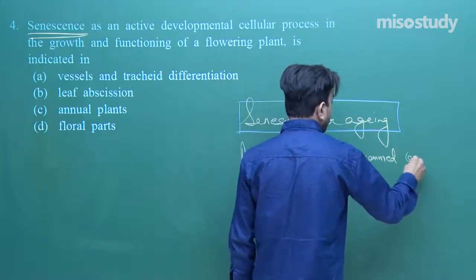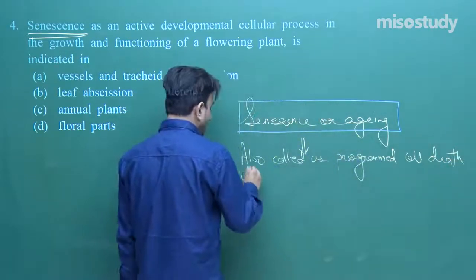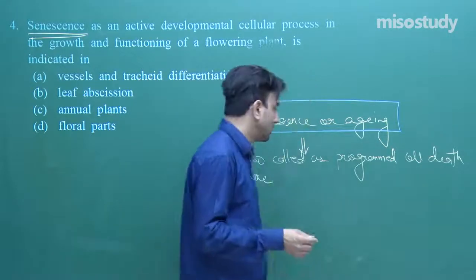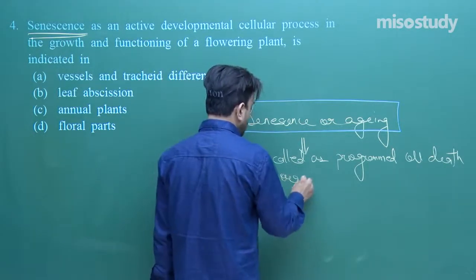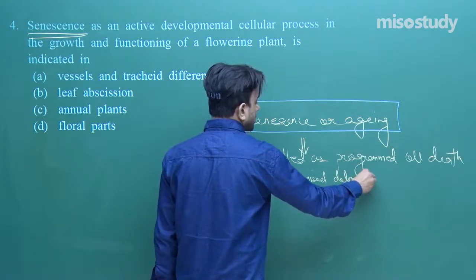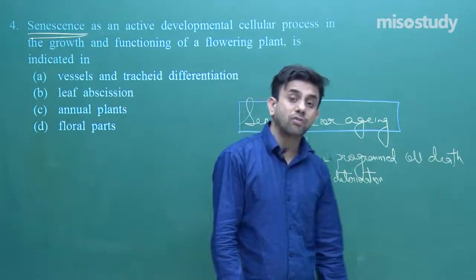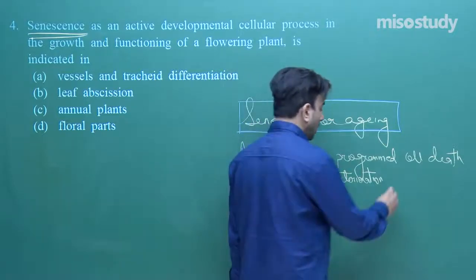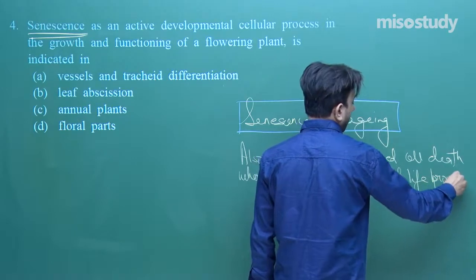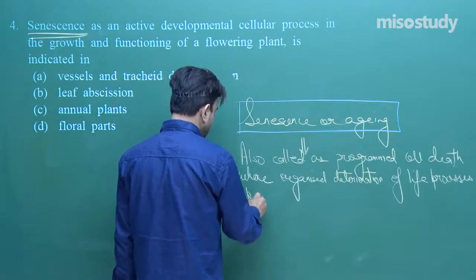This is the fourth question. Programmed cell death, where organized deterioration of life processes takes place.